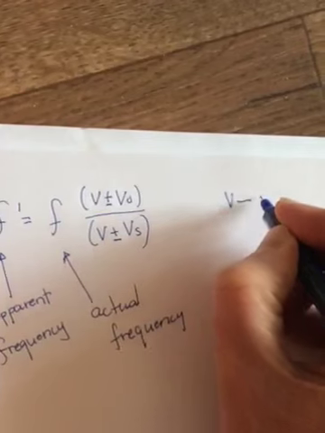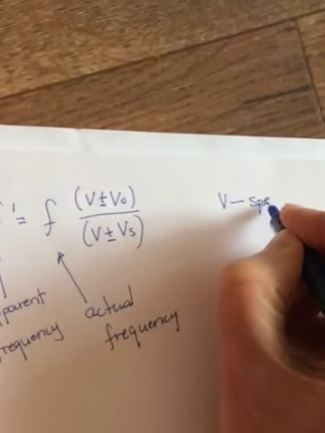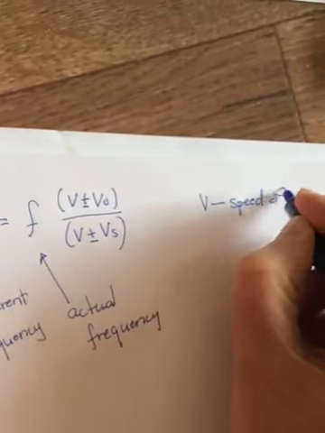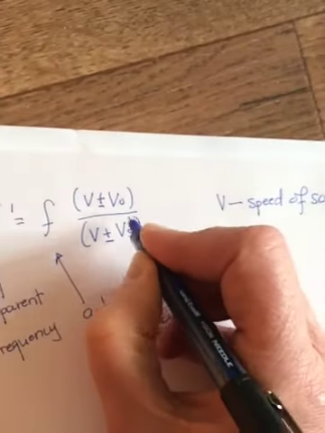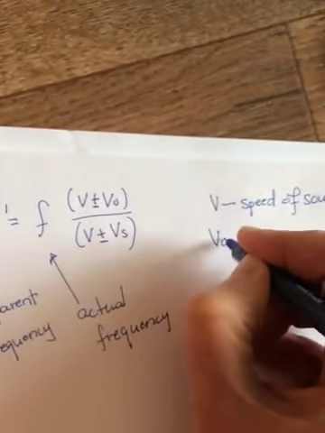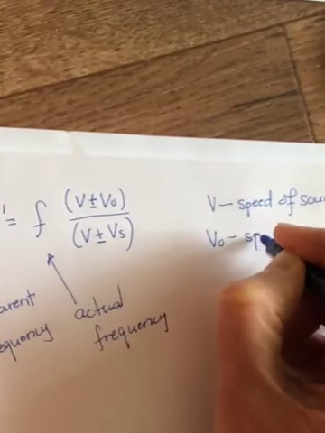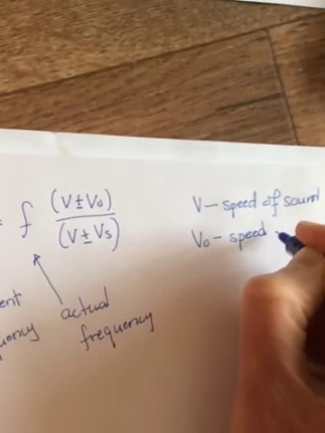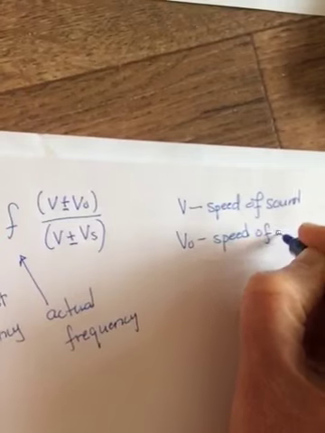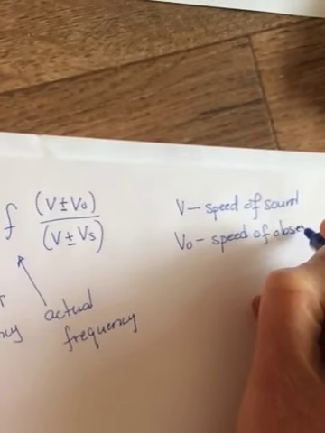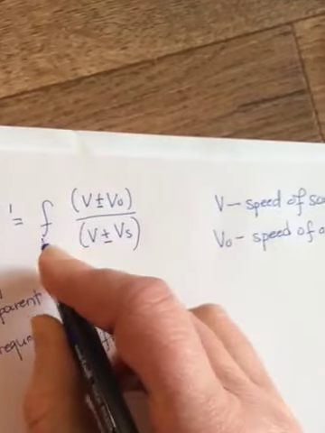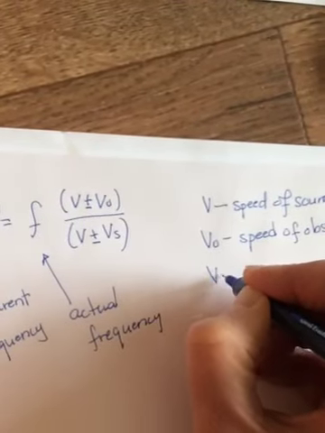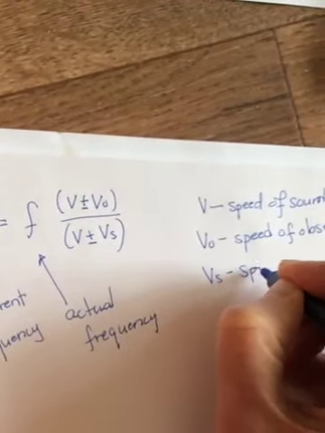The first V is just the speed of sound, which we've been calling just V for the whole unit. The VO is the speed of the observer, the person or detector that is hearing or seeing the frequency. And the VS is the speed of the source.